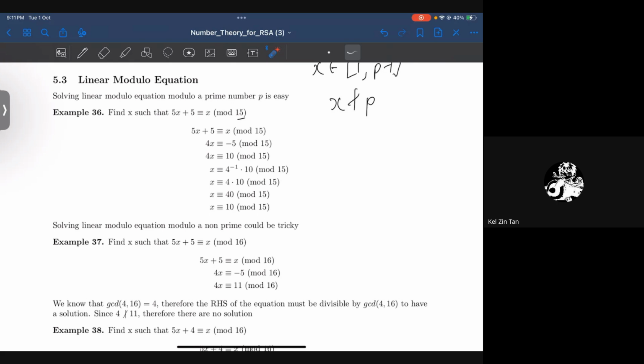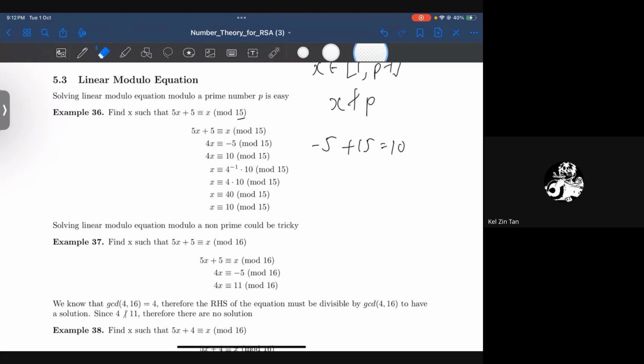You use the usual way. You move this over and subtract x on both sides. Then you move 5 to the other side, which gives you 4x is congruent to minus 5. Minus 5 is basically 10, because you can do minus 5 plus 15. So this is 10. And then you multiply by 4 inverse on both sides, or you can think of it as pulling the 4 to the other side.